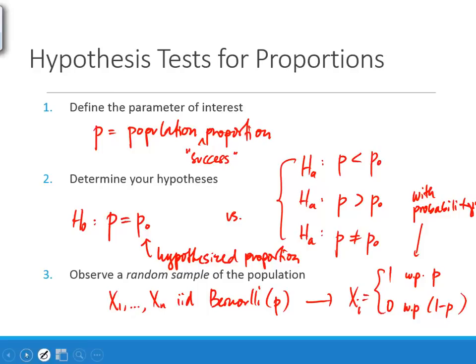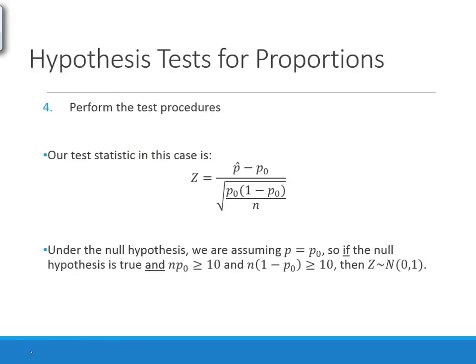Okay, so next step we're going to actually do the test procedures, as long as our conditions are okay. And here our test statistic is probably exactly what you would expect it to be, with maybe one small change. I'm taking my estimate minus the hypothesized value.